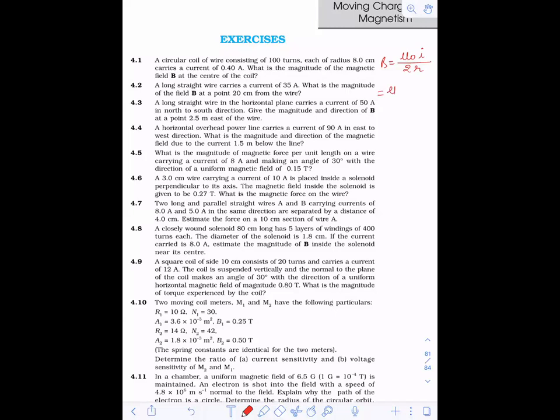So this becomes mu naught 2 pi divided by 4 pi into r into I. So this complete thing becomes 4 pi into 10 power minus 7 into 2 pi.